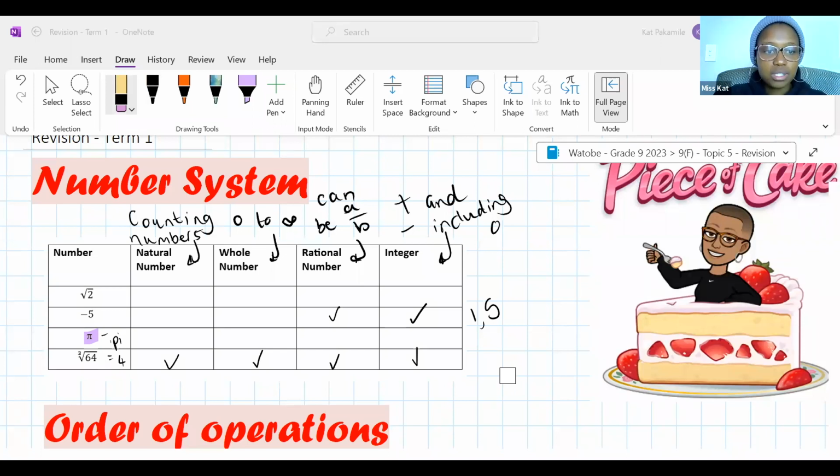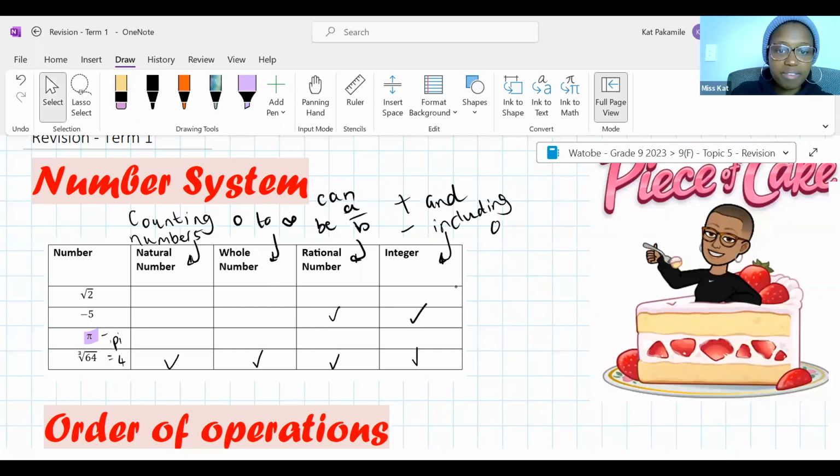Ooh, one says yes, one says no. What does everybody else say? There's about 37 of you in here. Ooh, there's yes and no and yes and yes and no and yes. Those who are saying no and those who are saying yes, tell me why. Is it an integer or why is it not an integer? So the question was, is 1,5 an integer?